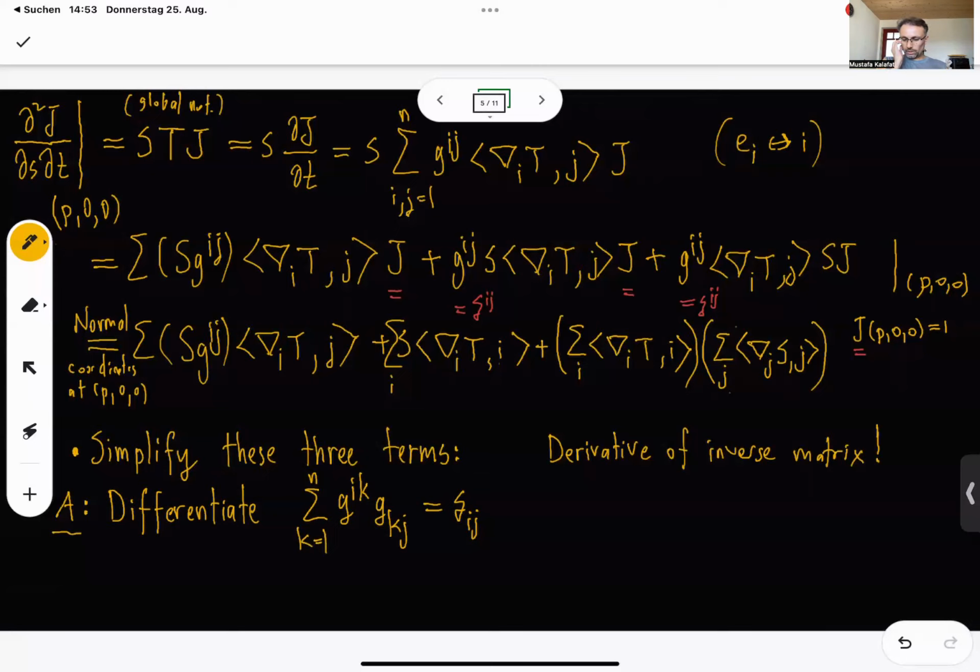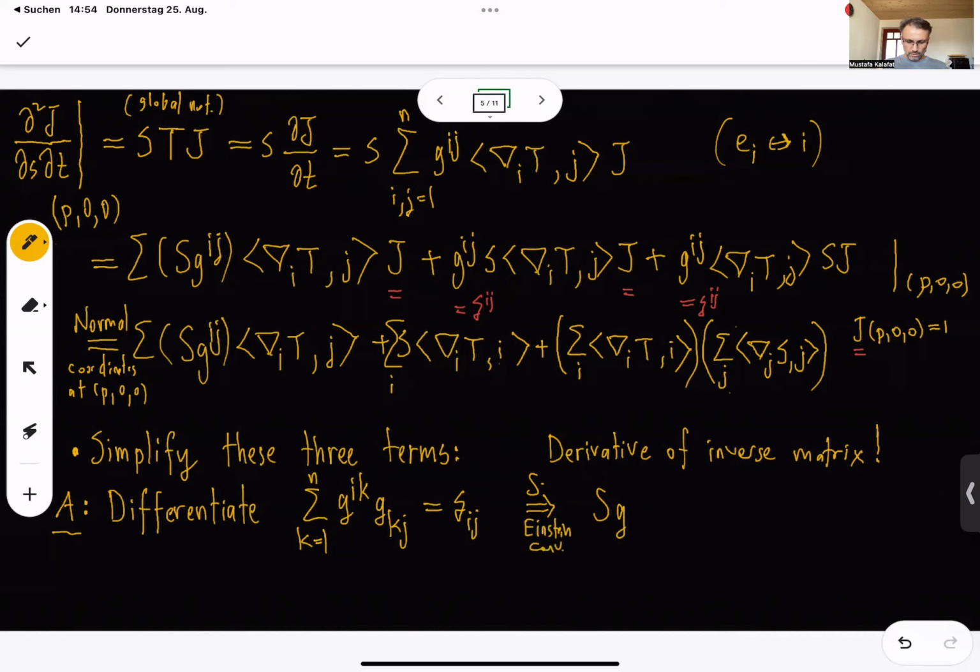All right, so that's how we define the inverse matrix. If you differentiate both sides, what are you going to obtain? Differentiate with respect to s is what we're going to need.